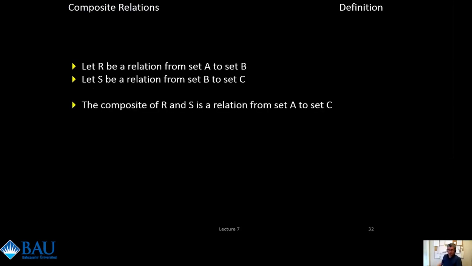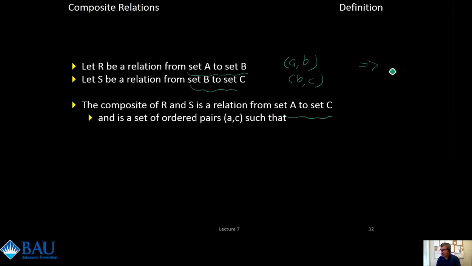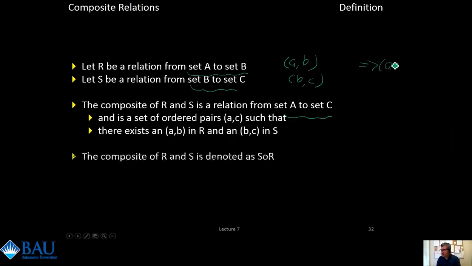If you have two relations, R is defined from set A to set B, so R is here like A, B. And relation S goes from B to C, means B, C. The composite of these two relations means from A to C.